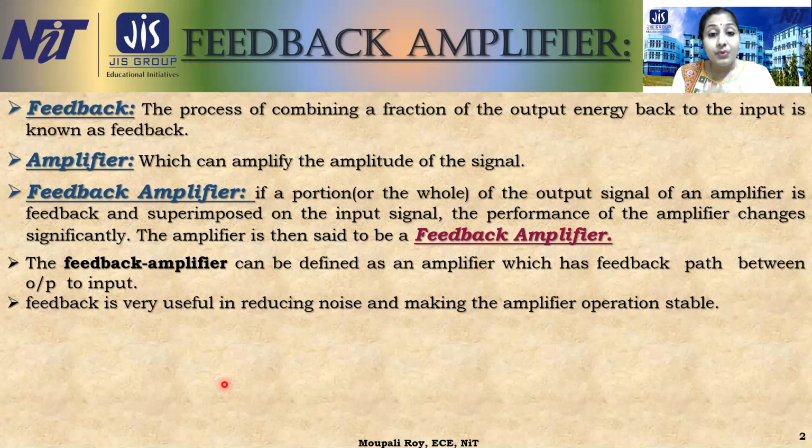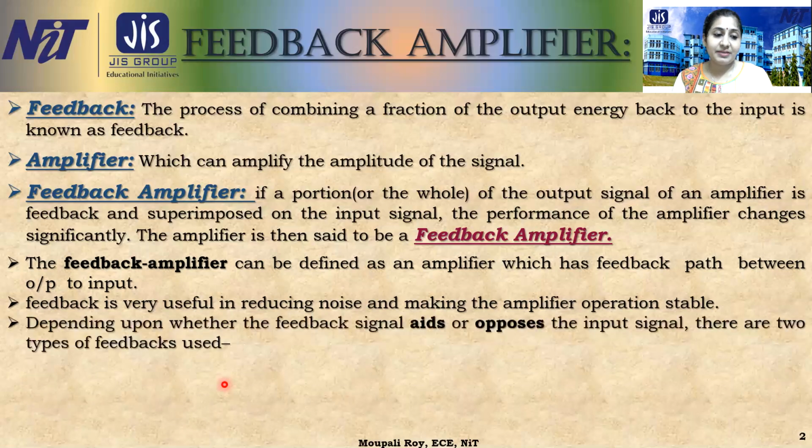So to improve the system, it must have feedback. So feedback is very useful to reduce the noise and make the amplifier operation stable. Depending upon whether the feedback signal aids or opposes the signal, there are two types of feedback used.